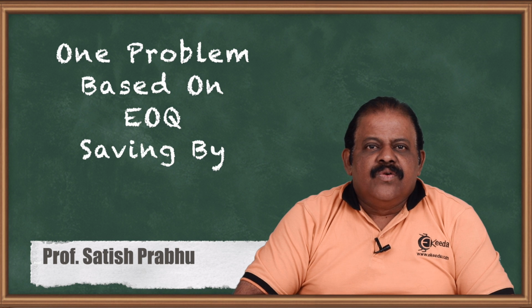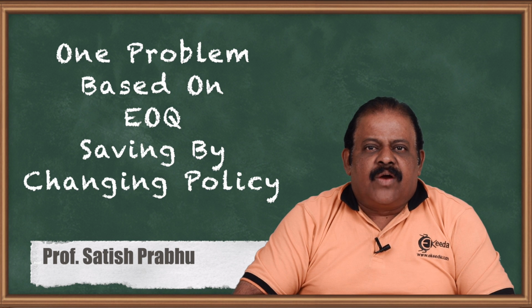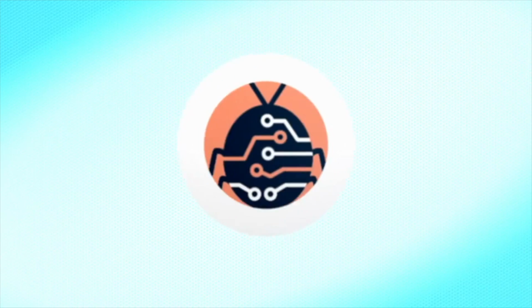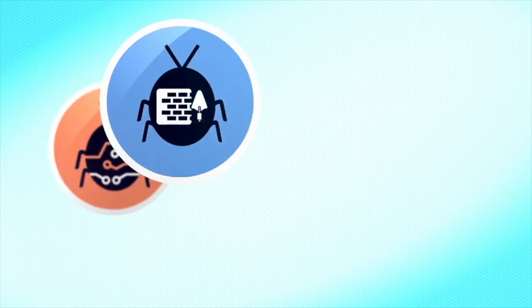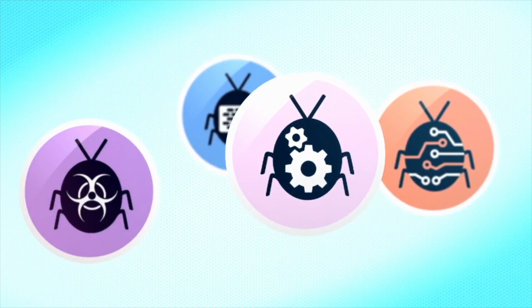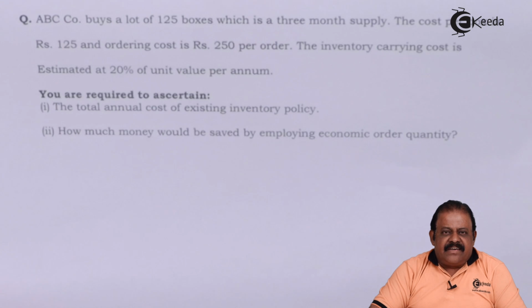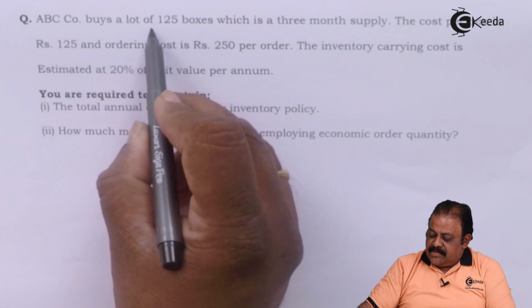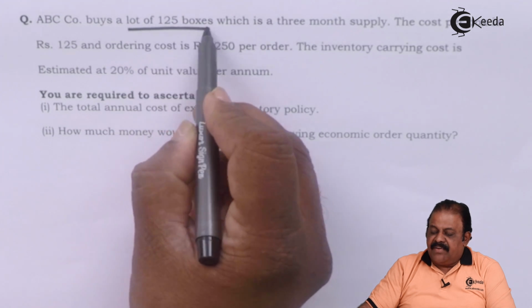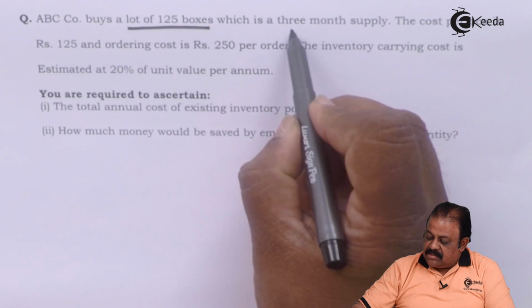Hello friends, we are required to understand now here in one question how economic order quantity policy saves the cost of business. Let us read the question. ABC company buys lot of 125 boxes, which is a 3-month supply.